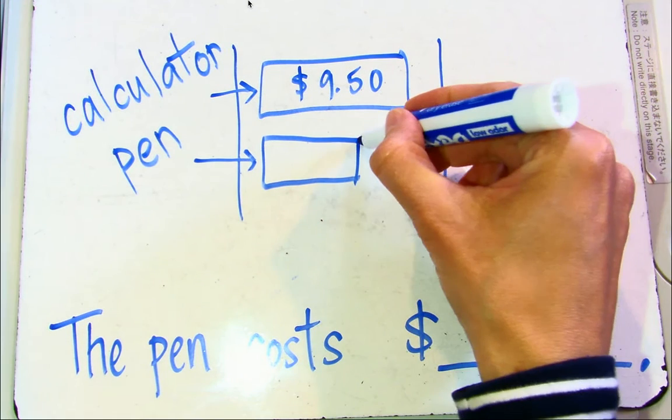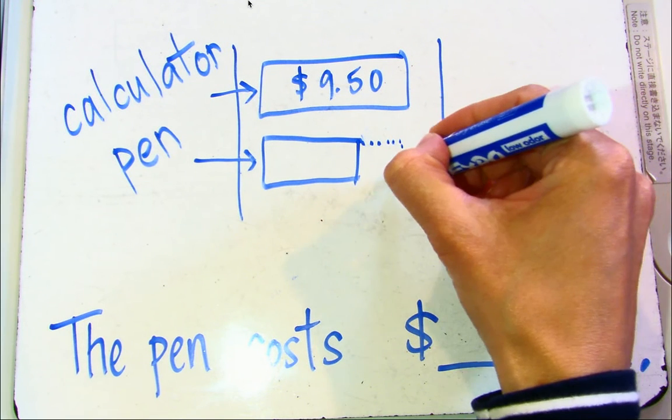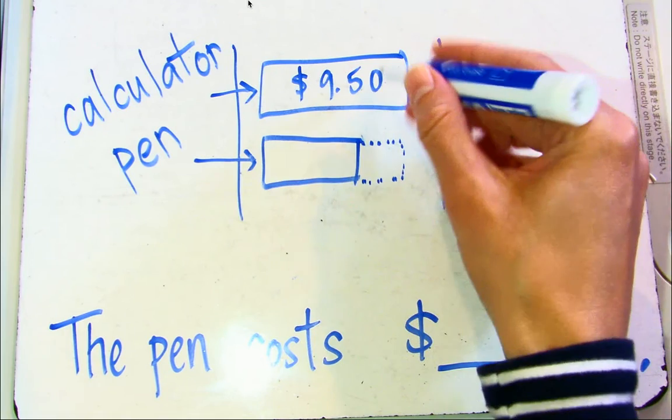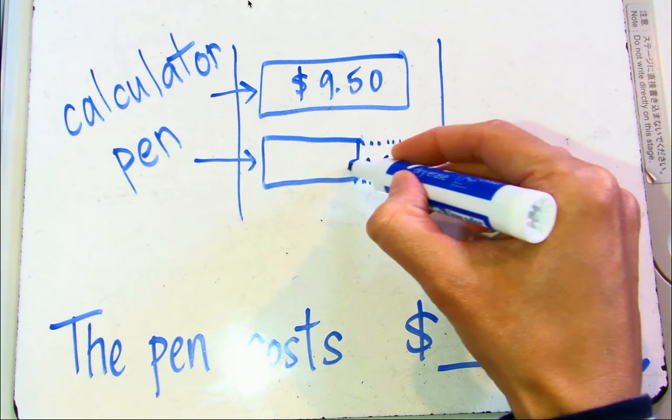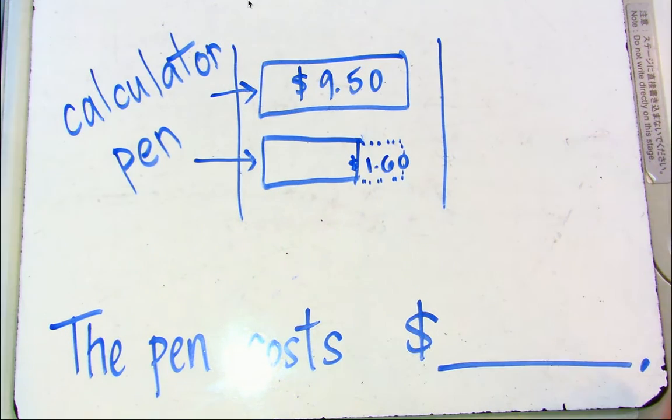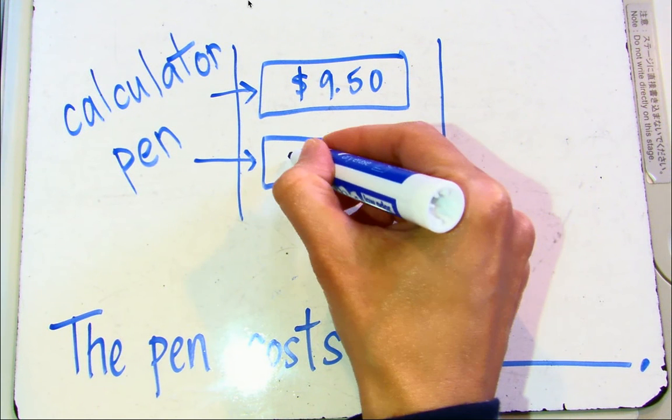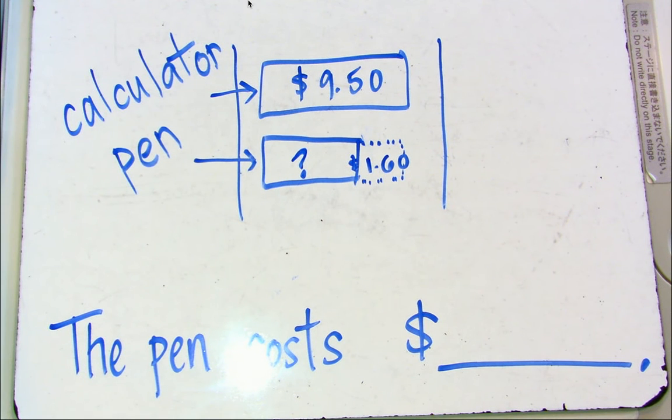No, it's actually, we do our little dotted line. This is the difference between the two. And that's $1.60. The pen is $1.60 cheaper. So our question mark goes here. We are trying to find out the cost of the pen.